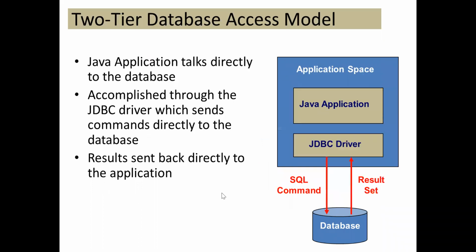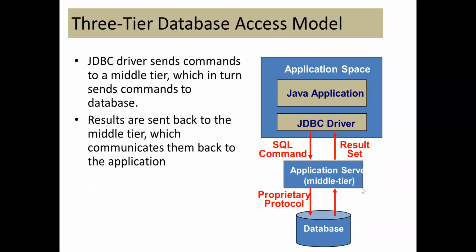So we can see that in the previous one, the JDBC sends the SQL command directly to the database, and the result set is returned directly to the application. But in three-tier, when the JDBC driver sends the SQL command to the database, there is an application server in the middle.